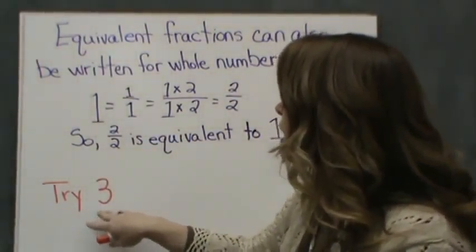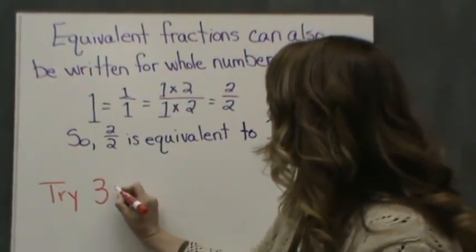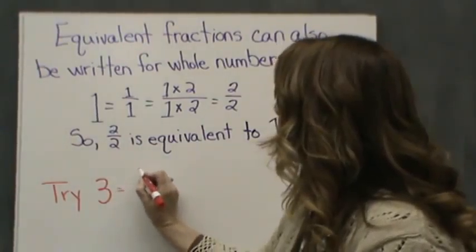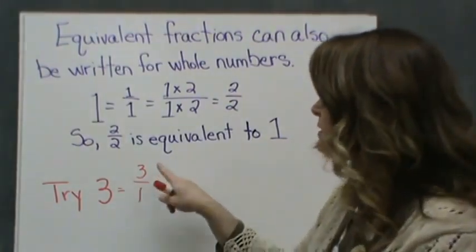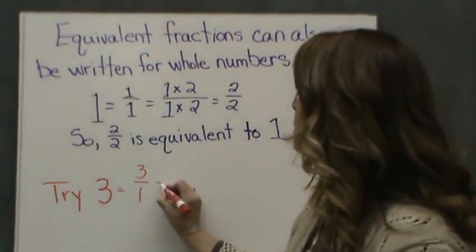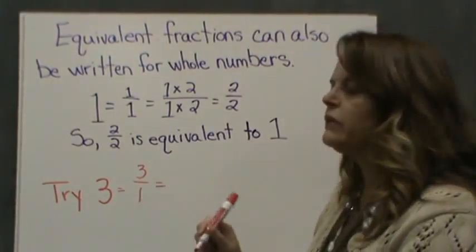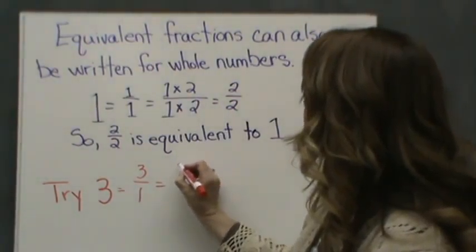Alright, so let's try the whole number 3. To make the whole number 3 a fraction, I'm going to do 3/1, because this is the fraction for 3. And let's pick a number. We're going to multiply the numerator and the denominator by the same number. Let's do 5.